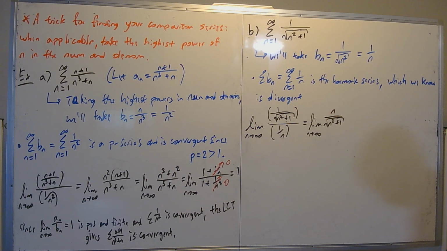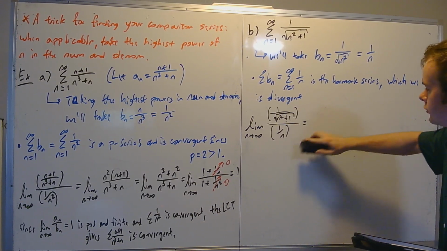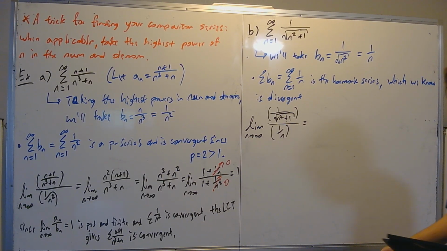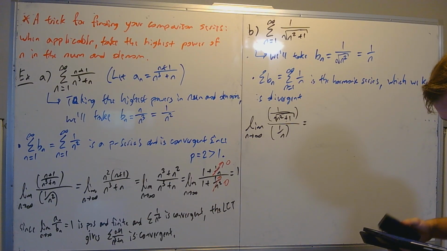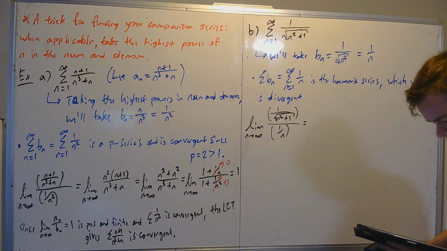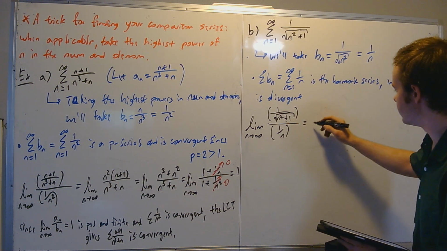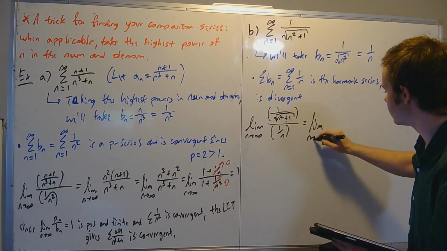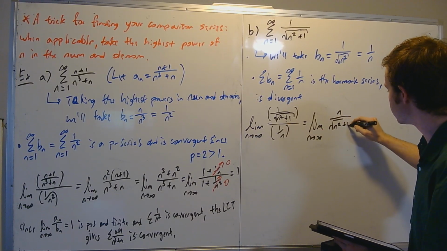Oh, sorry. Yeah, that's actually not what we wanted to do. Usually what we want to do is just get rid of the fraction inside of the fraction. But I'm confusing myself, so this is the limit as n goes to infinity of n over the square root of n squared plus 1.